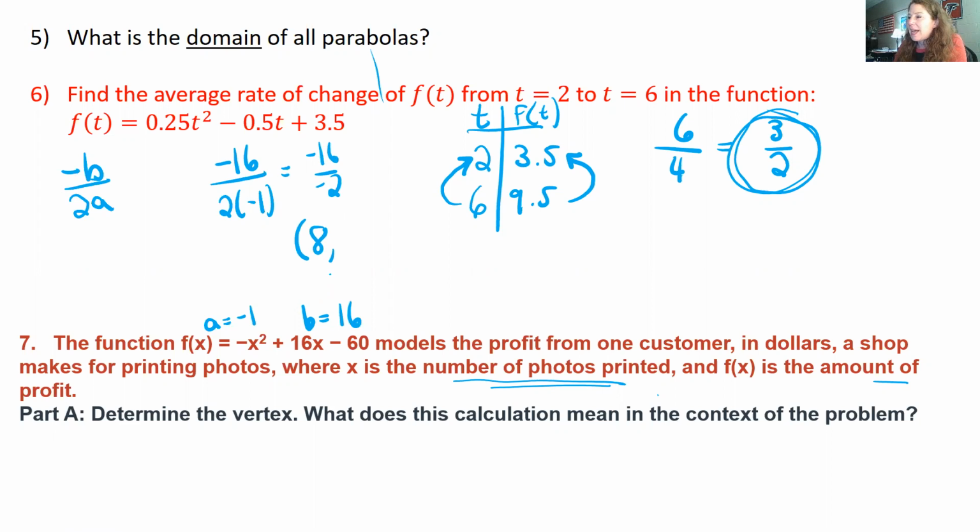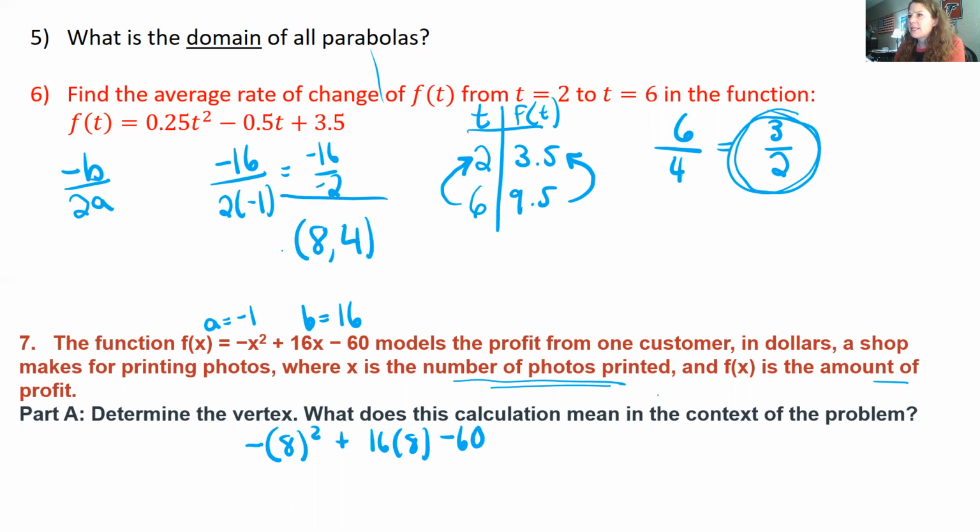So I'm going to plug 8 into this equation. I'm going to do the opposite of 8 squared plus 16 times 8 minus 60. So the opposite of 8 squared is negative 64, plus 16 times 8, minus 60, is 4.